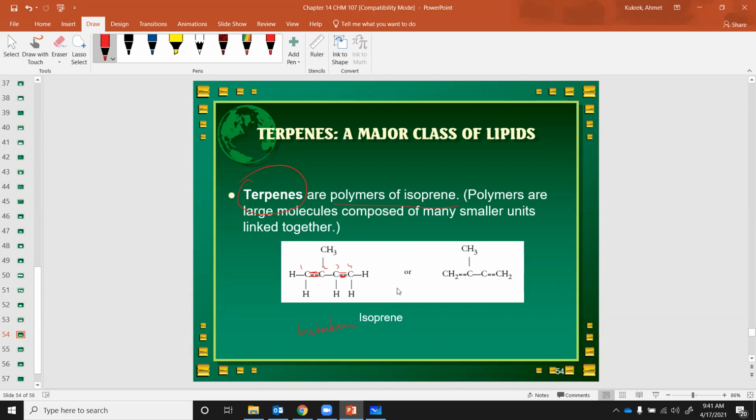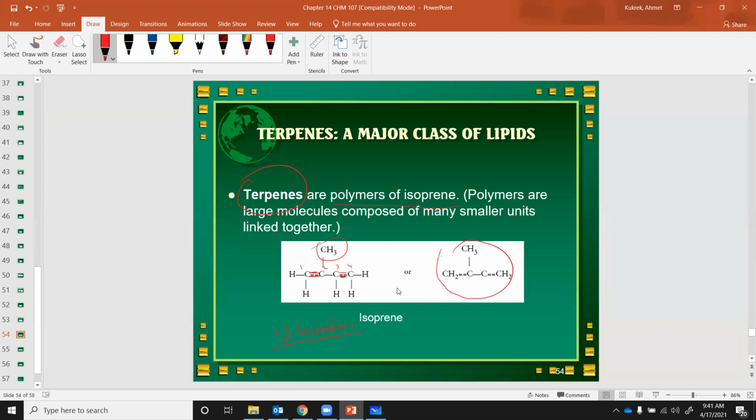The double bonds are at 1 and 3, and then you have a substitution at the methyl position 2. So it's going to be 2-methyl-1,3-butadiene, the IUPAC name. But this is isoprene, and this is my monomer.